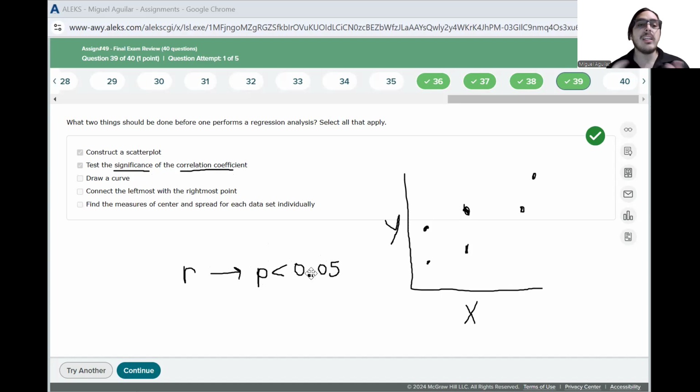At that point, we can go ahead and run the regression analysis and figure out, is there a straight line that can be used to represent the average relationship between the x and the y variables, okay?